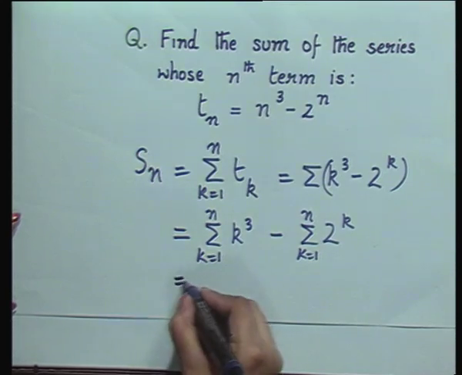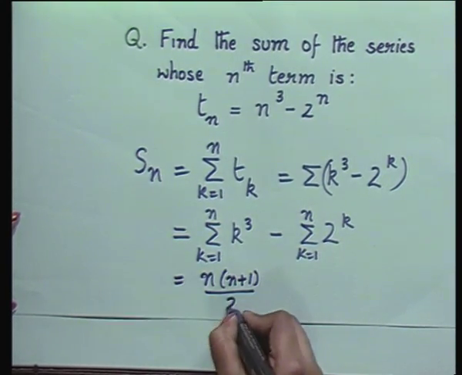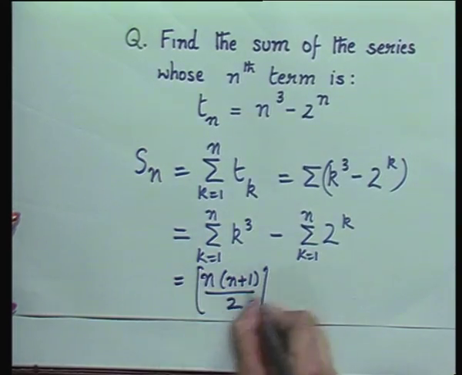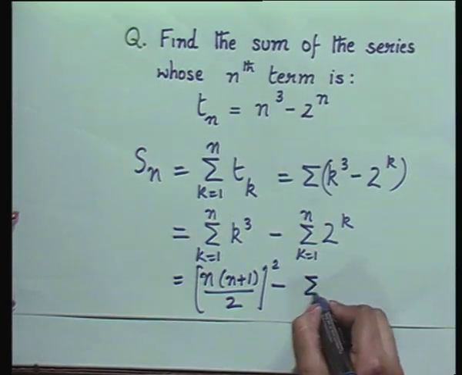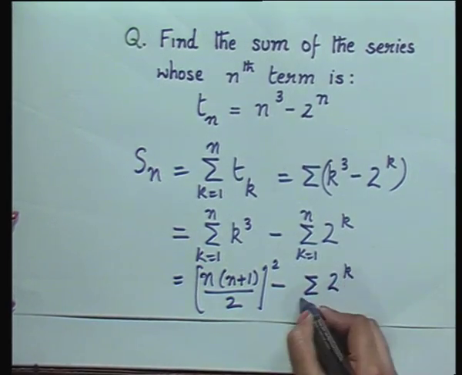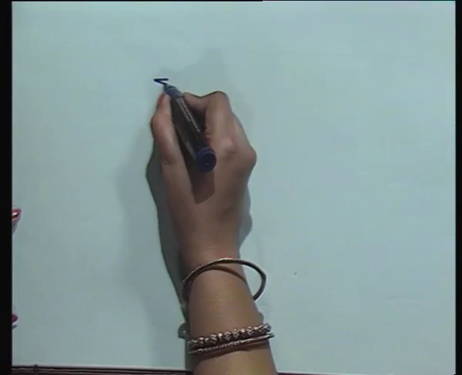Yes, ma'am. This is the sum of the cubes of the first n natural numbers. That's right. And so it will be equal to n into n plus 1 by 2 whole square. And what about the second term? I'm not too sure about this. Okay. So let me rewrite it and explain to you what the value of sigma 2 to the power k is.